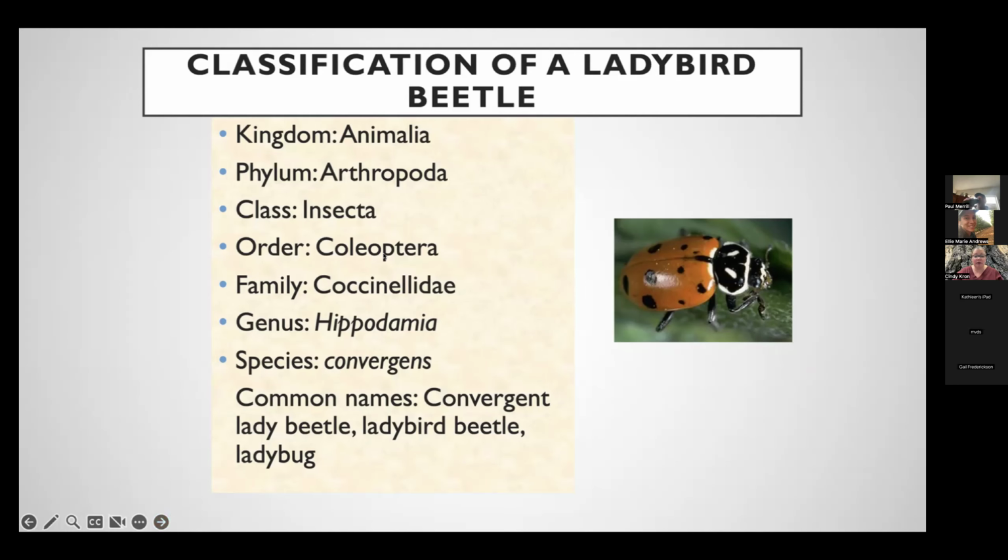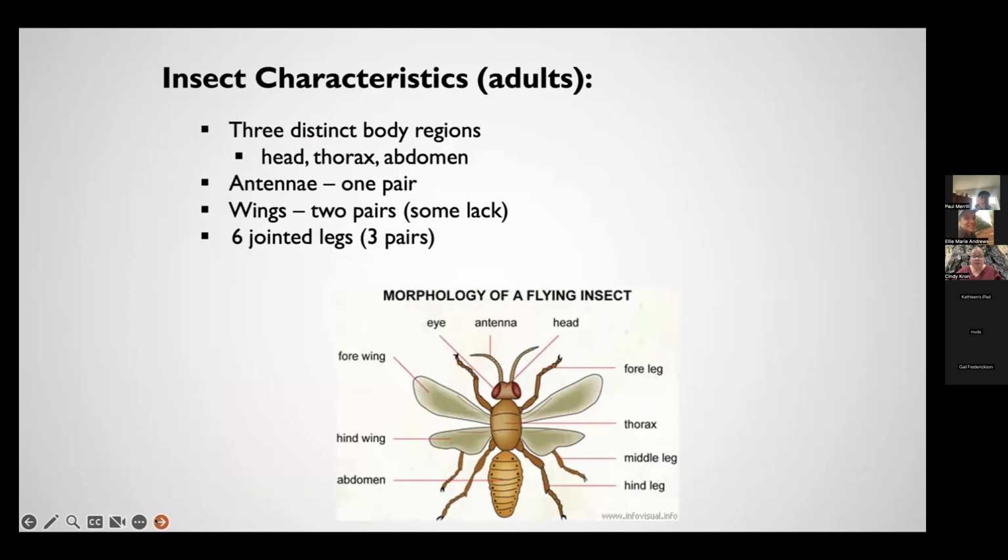Again, our focus here will be more on the orders. How do we classify insects into certain orders? Some basic insect characteristics: what makes an insect an insect? An insect will have three distinct body regions: head, thorax, and abdomen. I do want to give the caveat that whenever I say something is absolute, I have always found in entomology that there are exceptions.